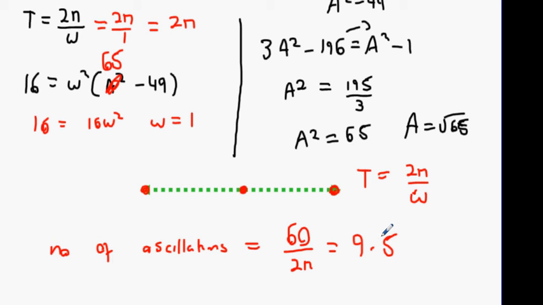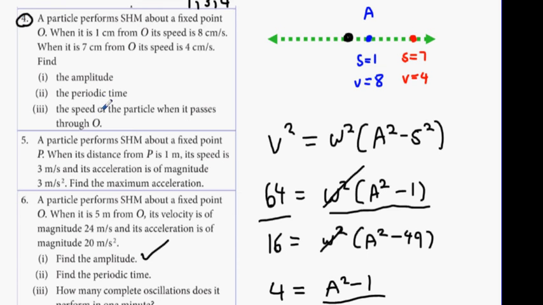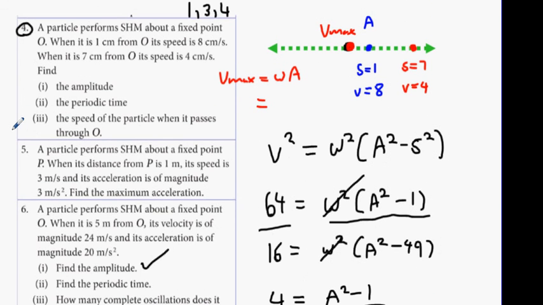Now, to do 4 part 3, find the speed of the particle when it passes through 0. What's the speed of the particle when you pass through the middle? It's your v max, isn't it? And your v max is, anybody? Omega A. And what did we say omega was again? Omega is 1. And what's the amplitude? Root 65.